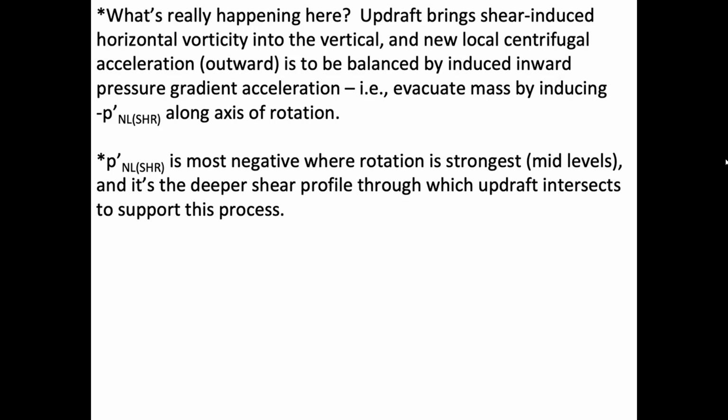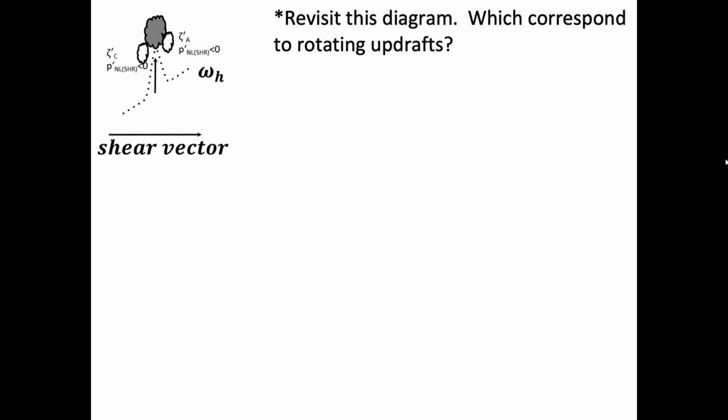This is going to be the strongest where the rotation is strongest in the mid to upper levels, and it's the deeper shear profile through which the updraft intersects that supports this process.